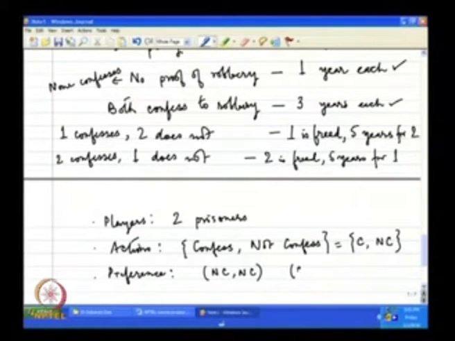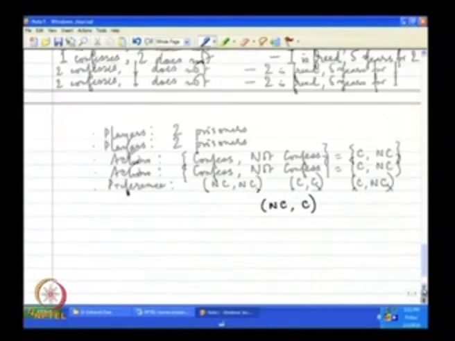Another will be CC, both are confessing, and another will be C NC, and another will be NC C. These are the possible 4 profiles.